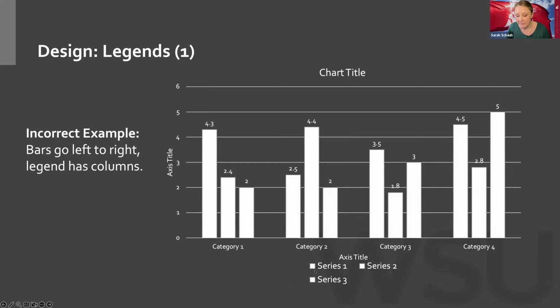One, having this under the axis title where you have the series of the columns where it says Series 1, Series 2, and Series 3, it's hard to differentiate where that is referring to on the chart because there's columns. They're not three in a row, and they're not clearly labeling the bars themselves underneath each category. So that's going to be confusing to a user.